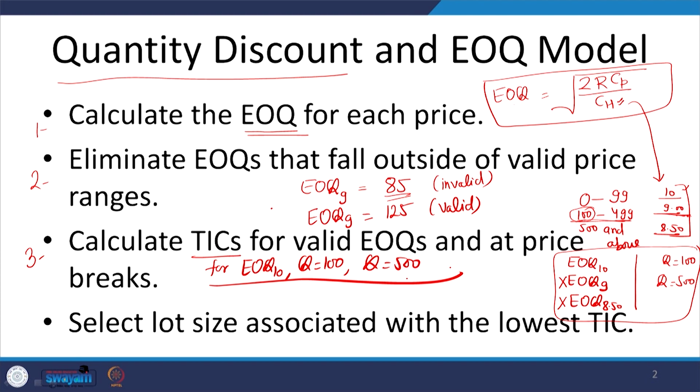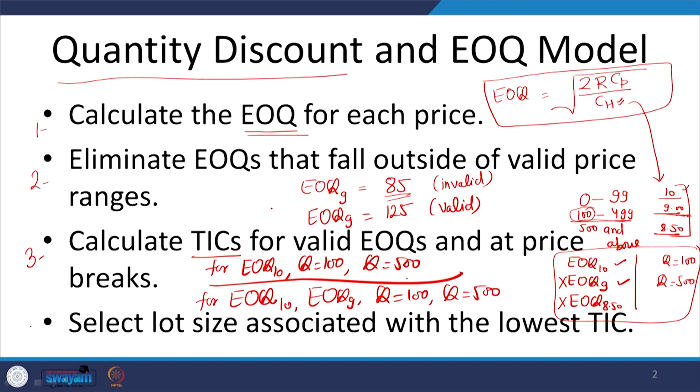If your EOQs are valid for 10 and 9, in that case you will calculate your total inventory cost for 10, for 9, Q 100 and Q 500. So, it depends on how many valid EOQs you have.